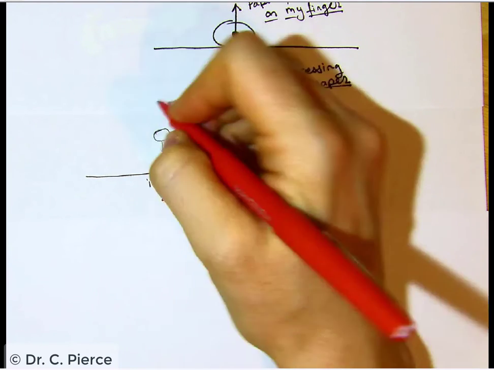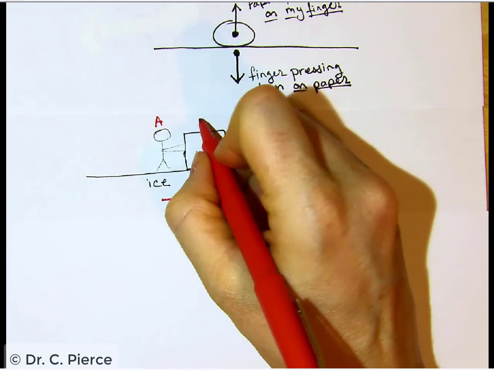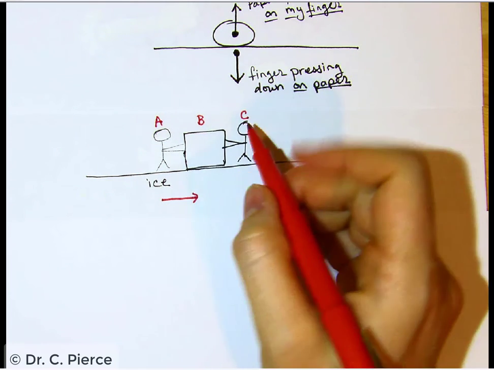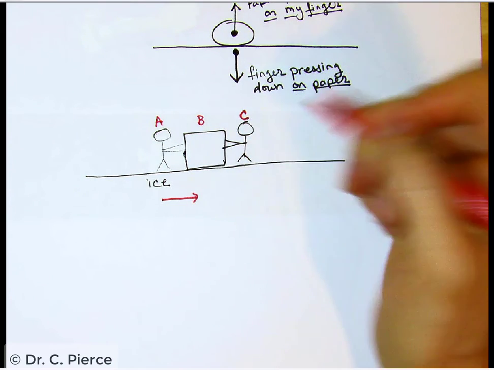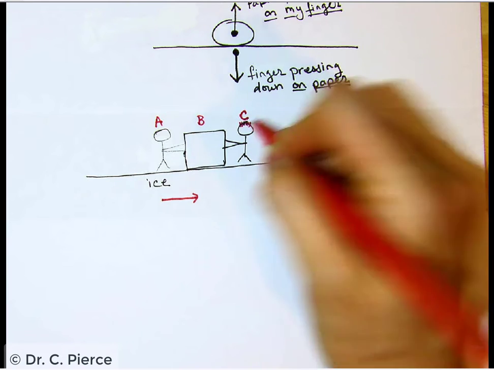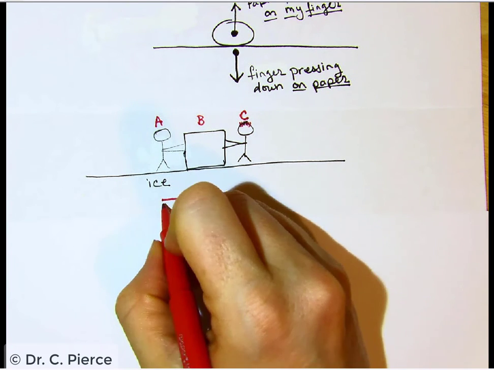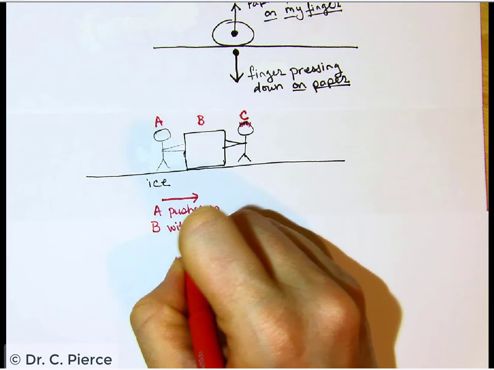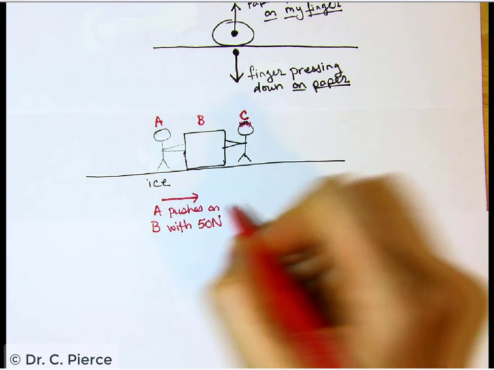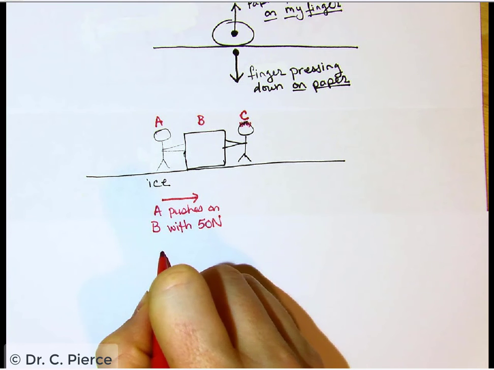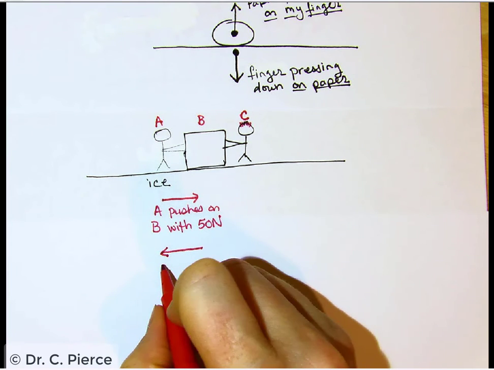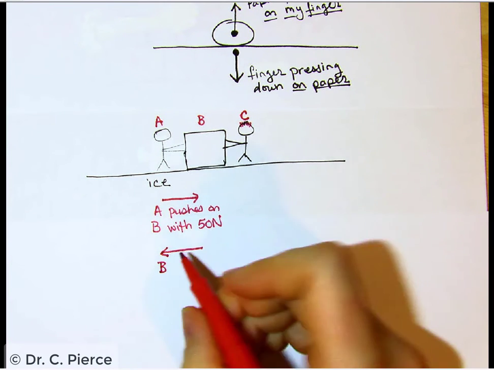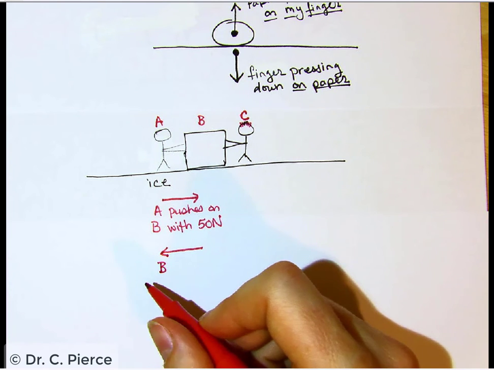And how about we call this person A, and we can call the block B, and we'll say that this person is C. Hey, for Crystal. So then A pushes on B with 50 newtons, which means by Newton's third law that the box B pushes back on that person with 50 newtons.